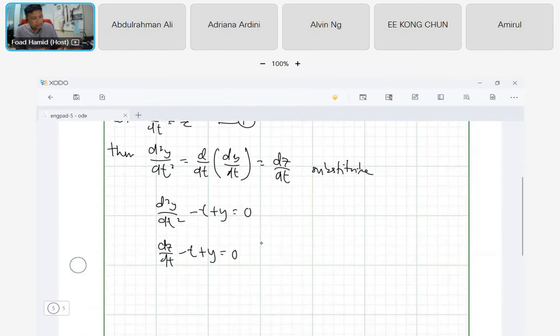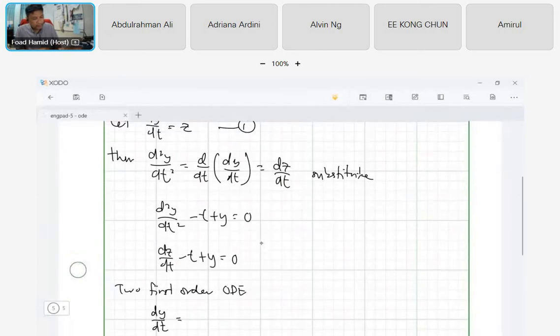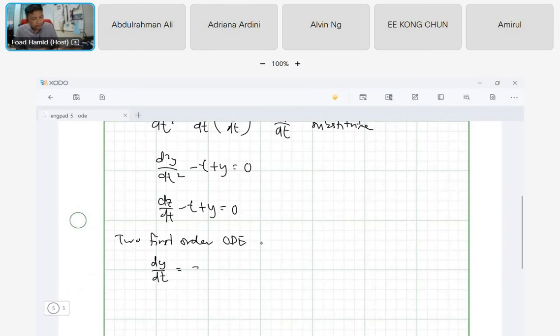So the two first order ODE becomes dy/dt equal to z, and then dz/dt equal to t minus y.